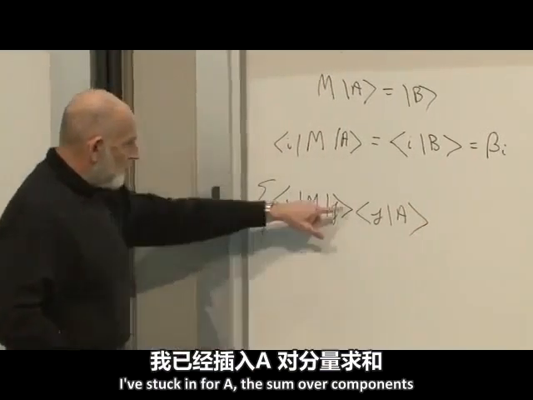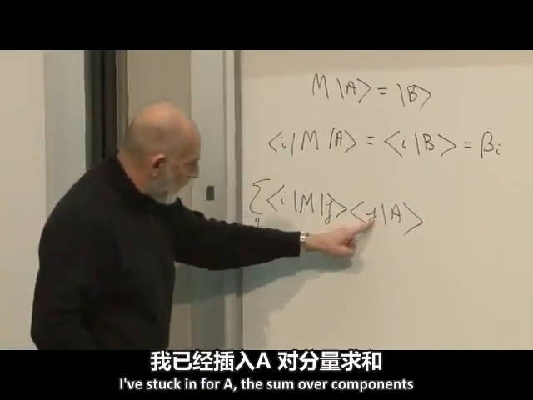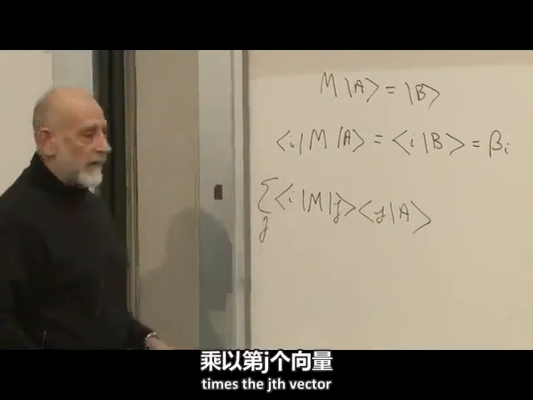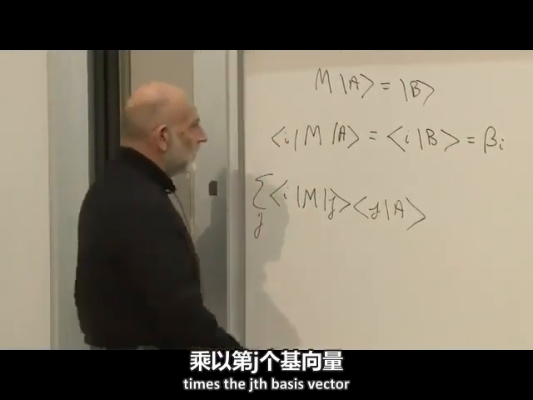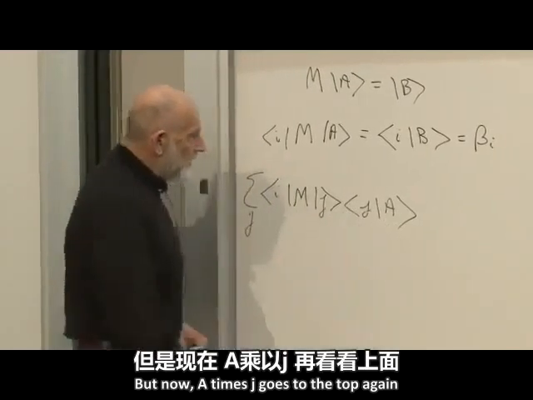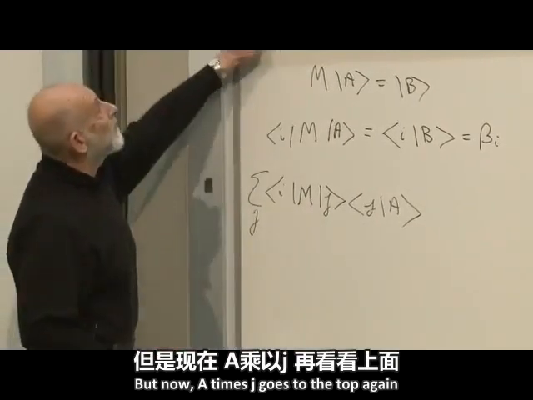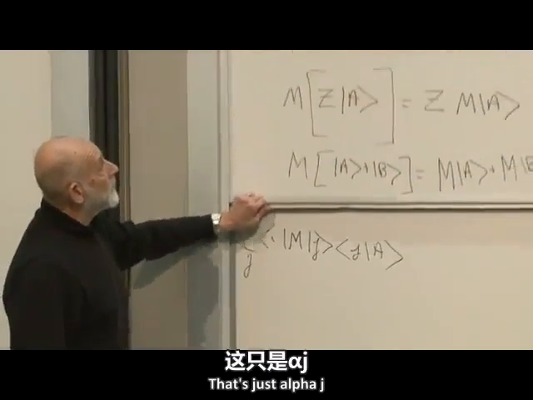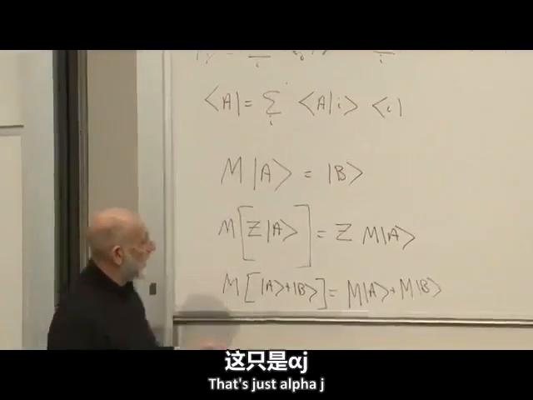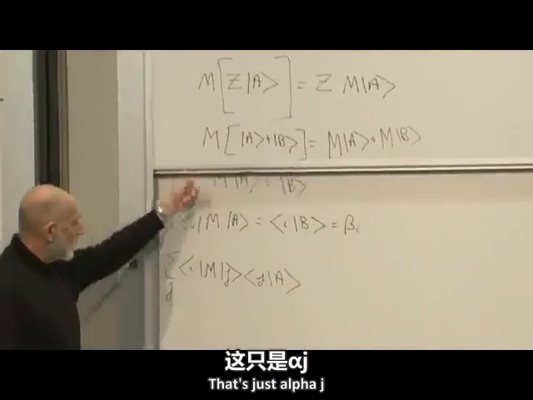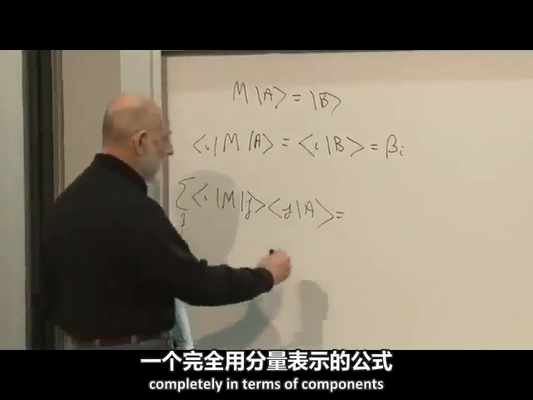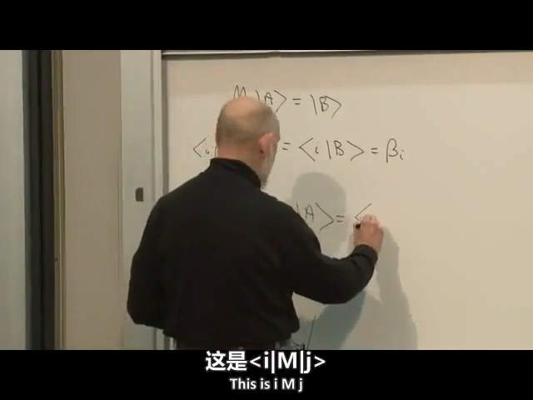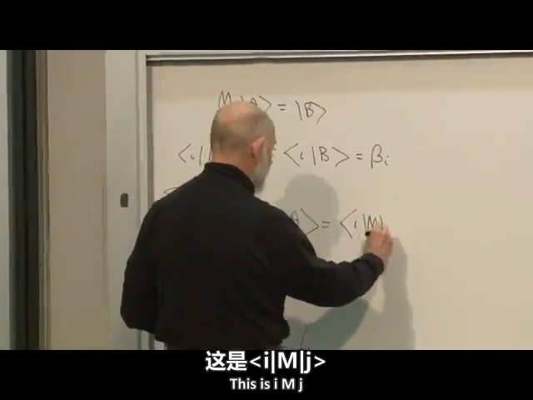I've stuck in for a the sum of the components times the jth basis vector. But now, a times j, go up to the top again, that's just alpha j. So we now have a formula completely in terms of components. This is i, M, j.